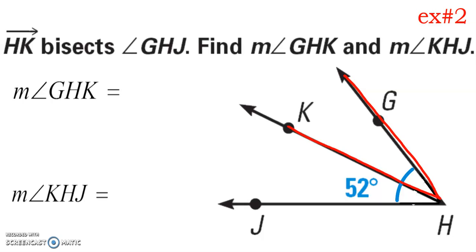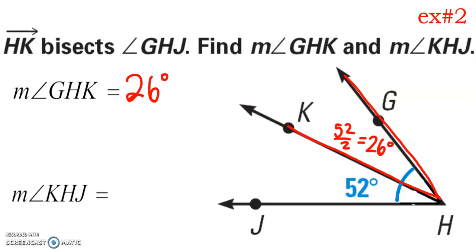This mark here is indicating that the whole angle GHJ is 52 degrees. So that means that this half is 52 divided by 2, which is 26 degrees. So the measure of angle GHK is 26 degrees.